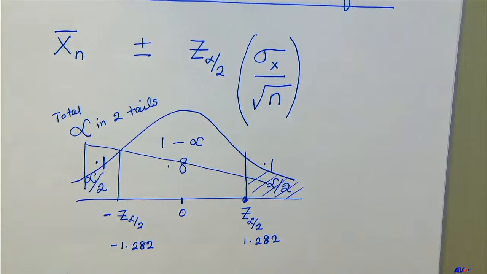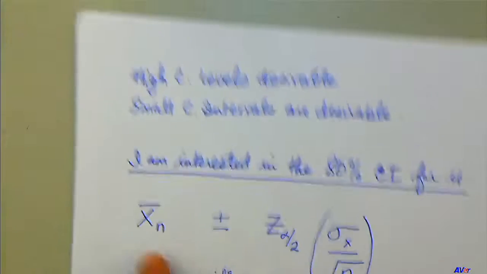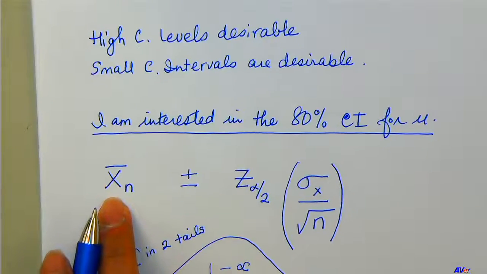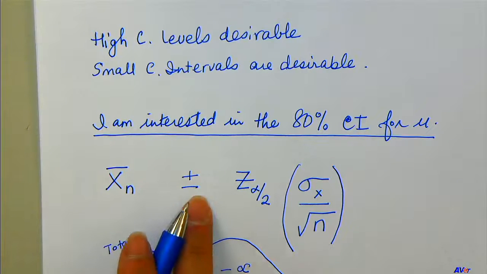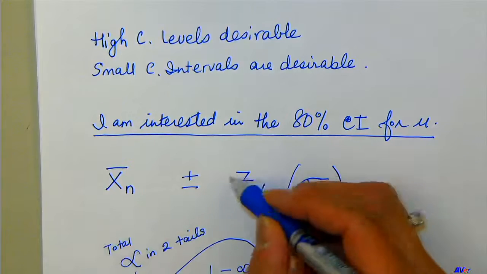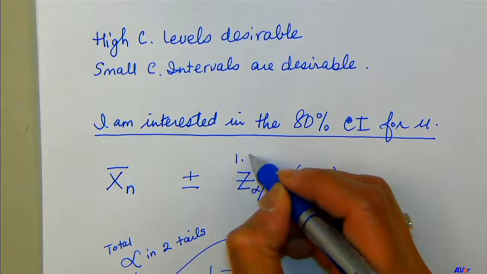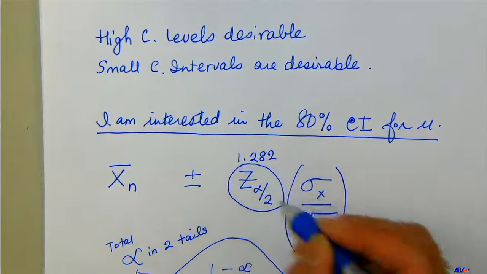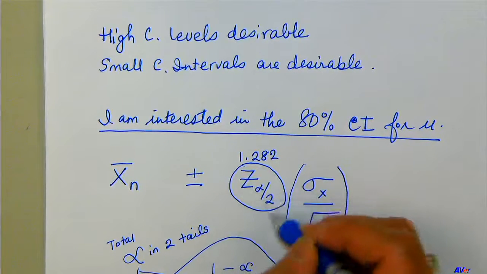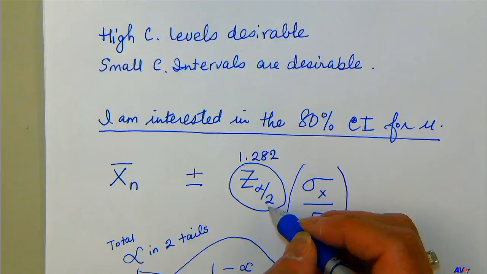So now it's just a matter of plugging in. X bar will be given to you in your problem, or you will be given a sample, and all you have to do is find the mean of the sample. Plus or minus Z alpha over 2, which is 1.282. Don't get all confused with the alpha over 2 and get all anxious about it.